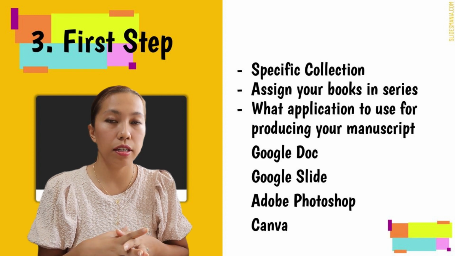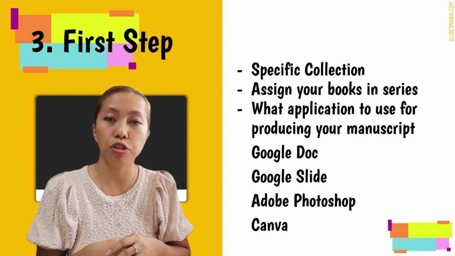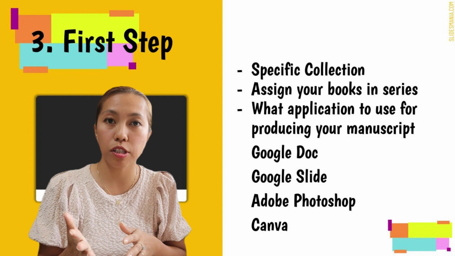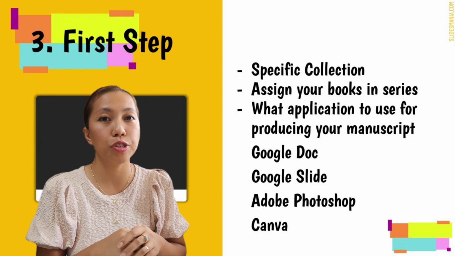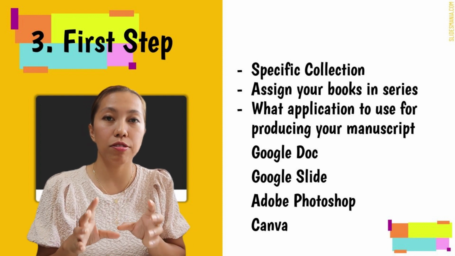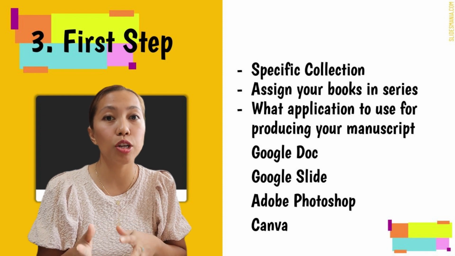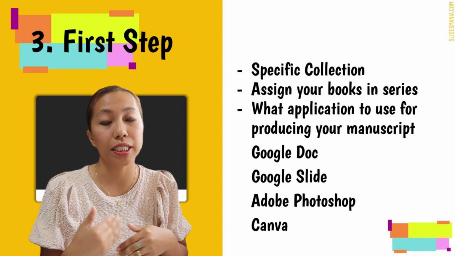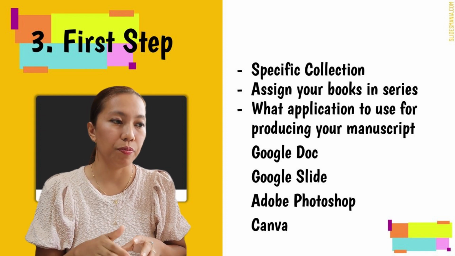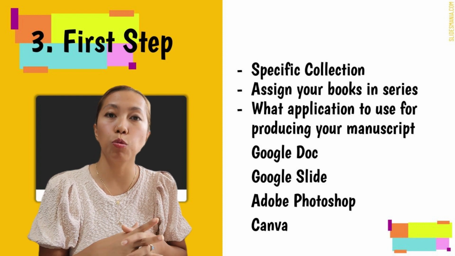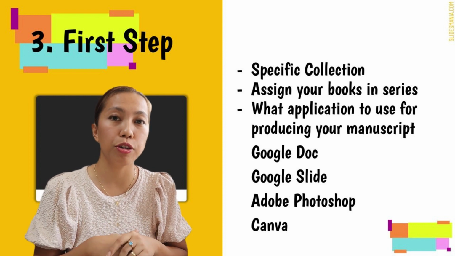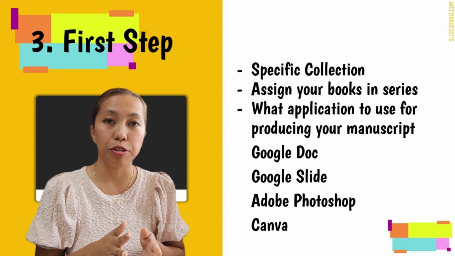Okay, and then think about your collection also, if you are going to put it in a series, because Amazon KDP allows you to put it in a series of books like a sequel, or independent titles. So it's up to you. And of course, what application or platform are you going to use to produce your manuscript?